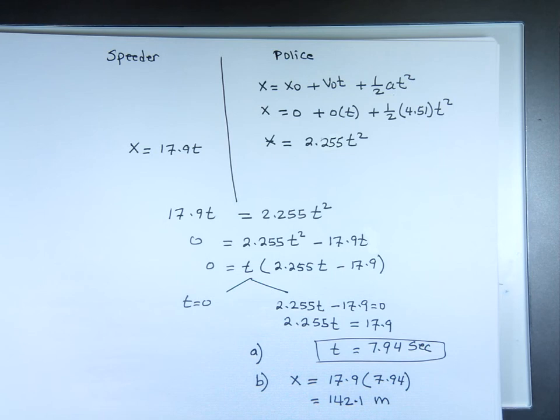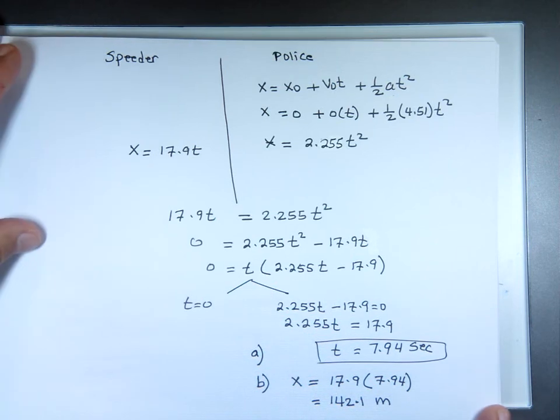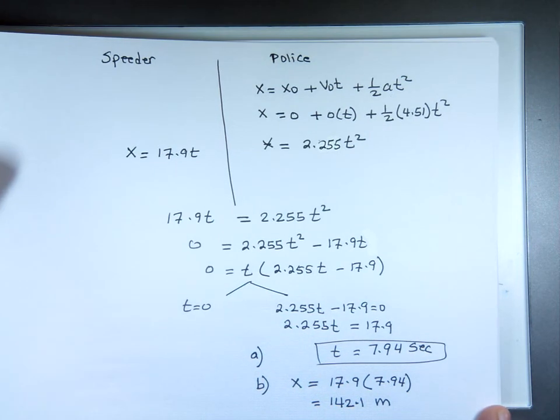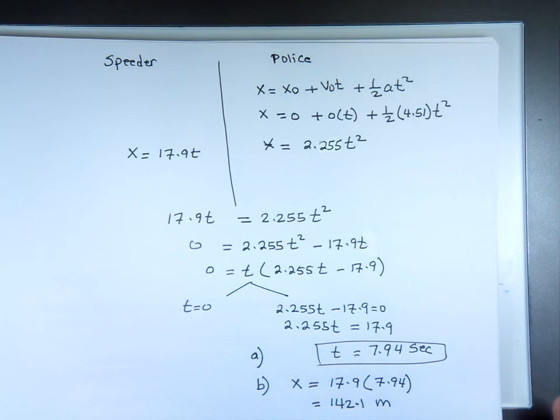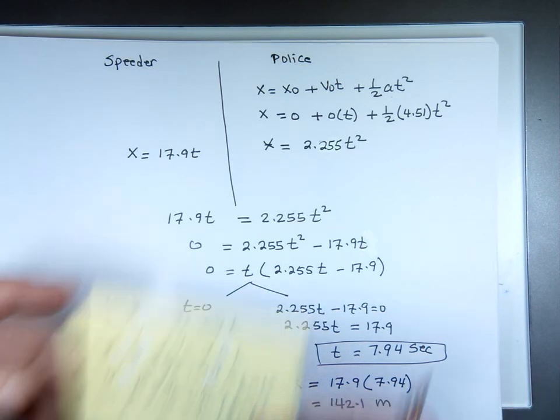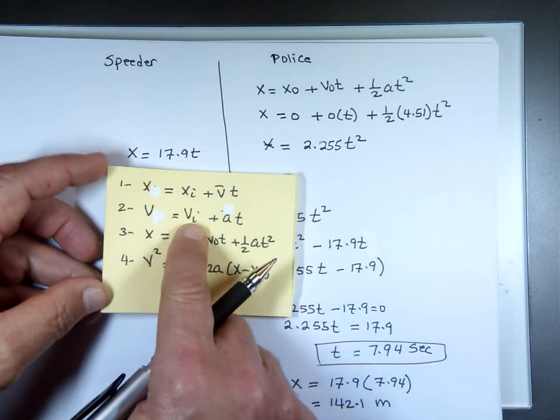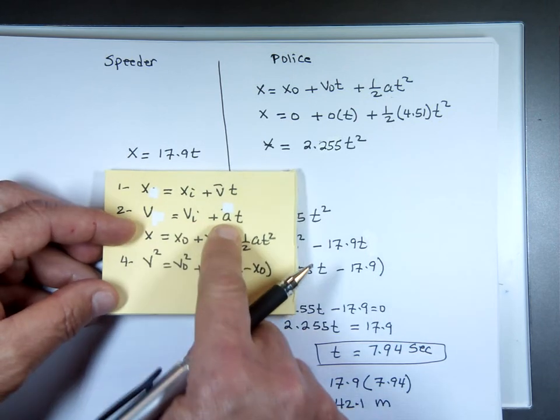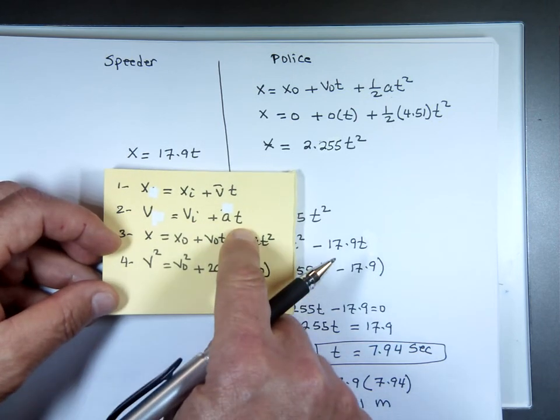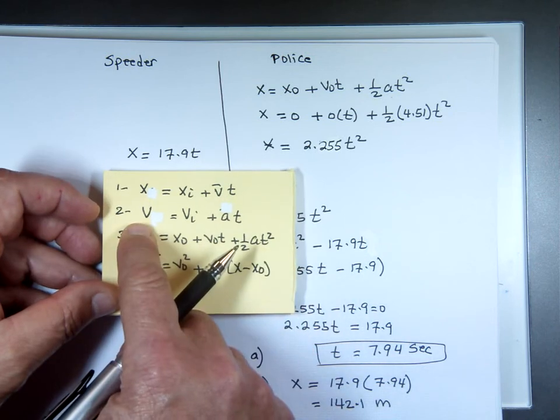In part C, it says, how fast was the police going when they actually caught up to the speeder? That's the velocity we're looking for. So I gotta look for a different equation. I know the initial velocity. I know the acceleration. I know the time. Can I find the final speed for the police car? So that's part C here.